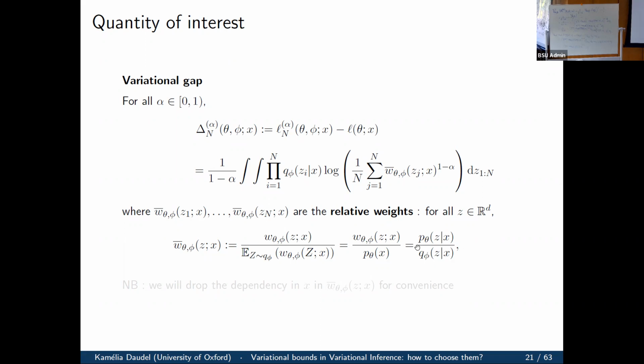So kind of something that you would want to get as close as possible to 1. Okay. Good. Just a slight remark. I'm going to drop the dependency on X in the rest of the talk because I think we've seen it enough. And now we can move into how we in fact study this variational gap for the values of alpha indicated here.